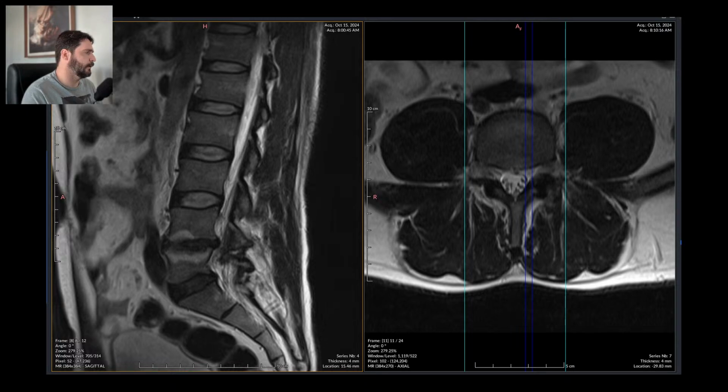It's done. Let's speak of the stenosis. It's mild of the vertebral canal of L4, L5. And it's mild of the intervertebral foramina of L5, S1.